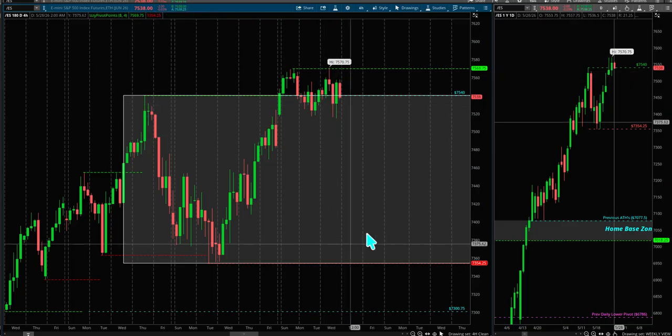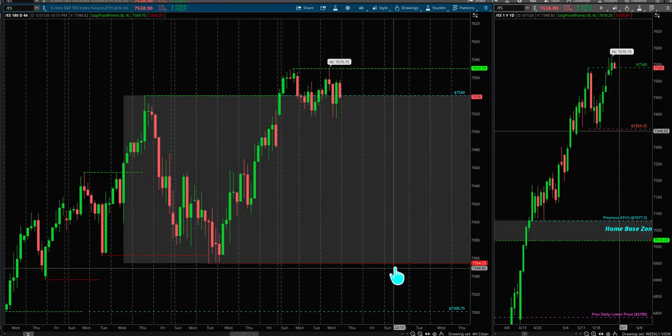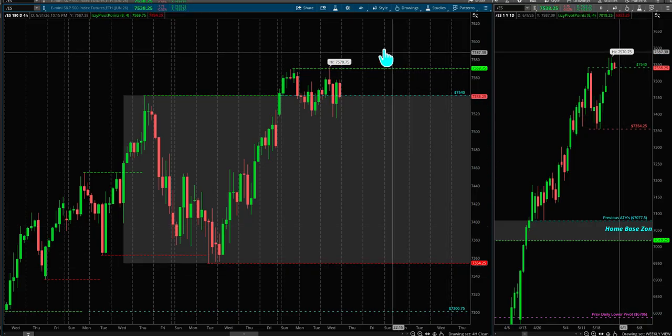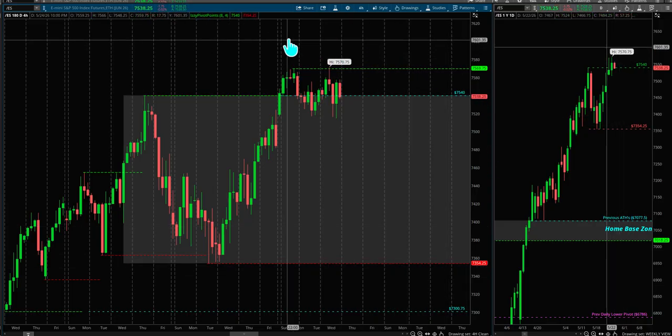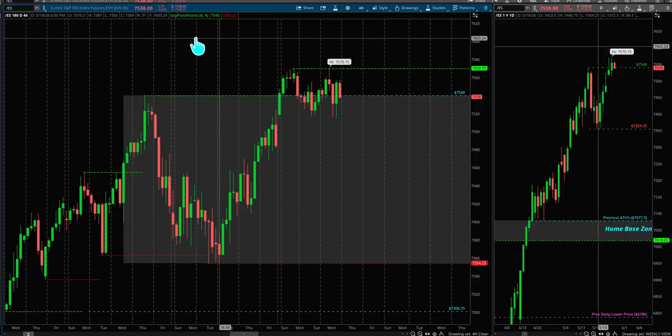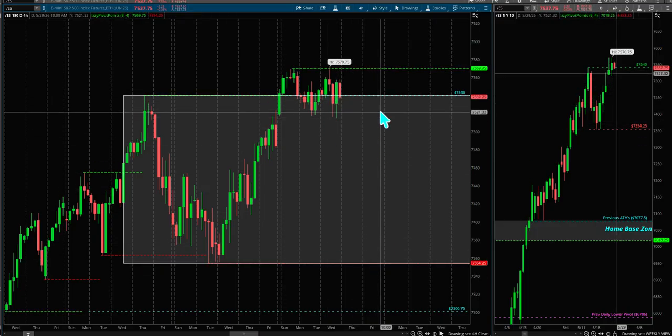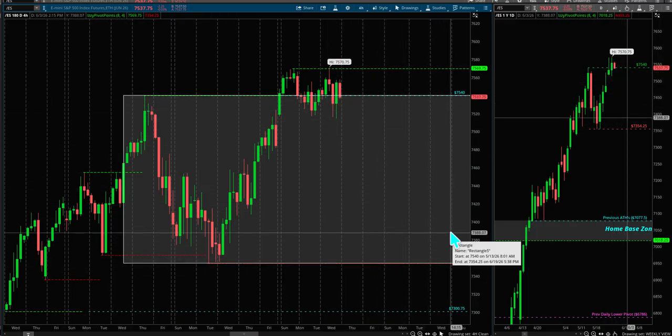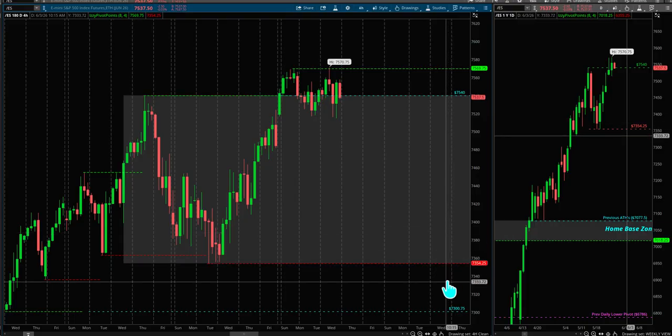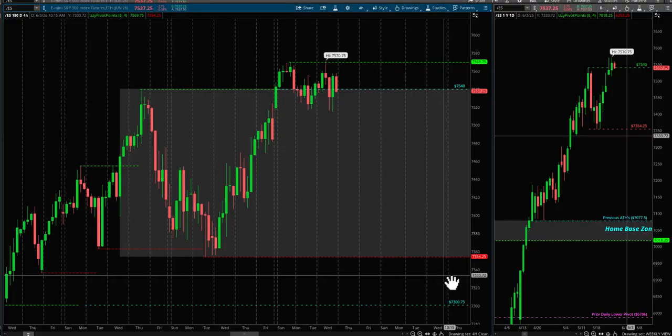Now, if the market does turn around and start to fill out this range, a lot of people are going to talk very bearishly. Okay, but when we're looking at the market from a 4-hour time frame view, if it were to turn around and start filling out this range, it's nothing but considered a consolidation state.